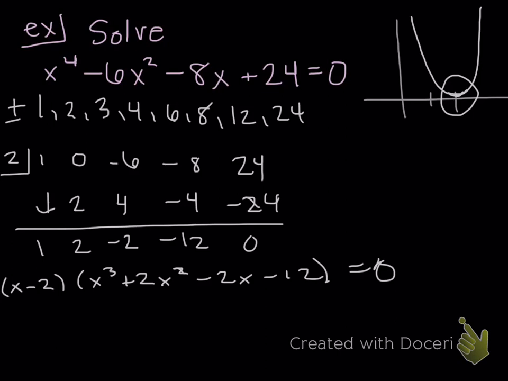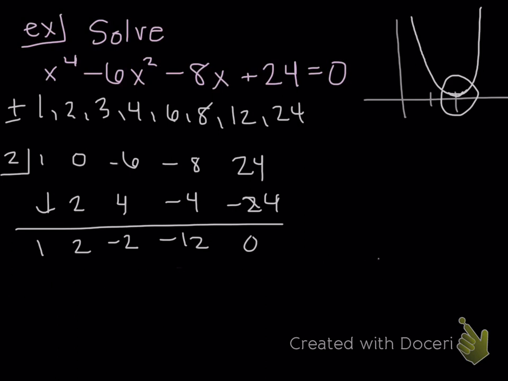So remember we talked about the other day, if a function touches the graph, it doesn't cross through, it just touches the graph and turns back around, it's a double root. So that means the answer of 2 itself is what we call a double root. So 2 is going to work again for synthetic so that I can bump myself down to the second power. So I'm actually going to erase this so I have room.